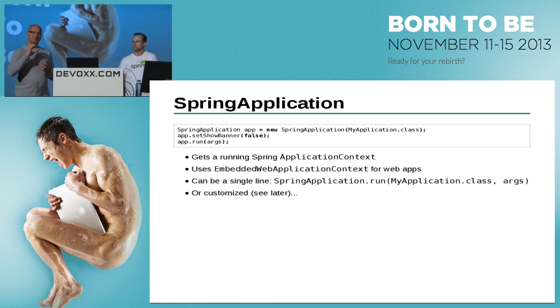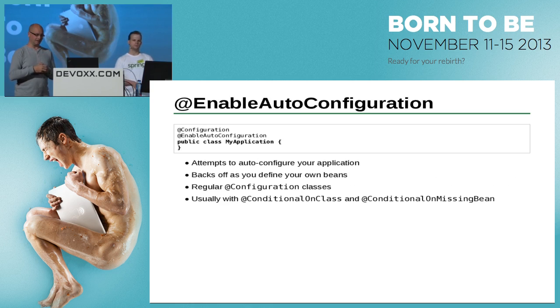Well, a lot of the features of that have been generalized into SpringApplication. So you can use it to run standalone Java Spring applications, something that just builds an application context and runs it. It might be a web app, but it might just as well not be. In which case, you can do lots of customization, and we'll talk about that later in more detail.